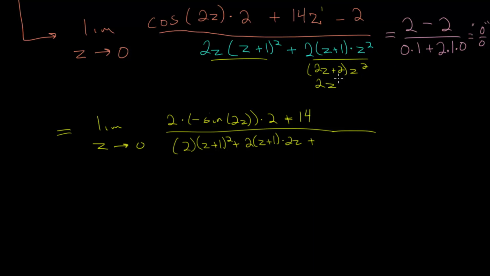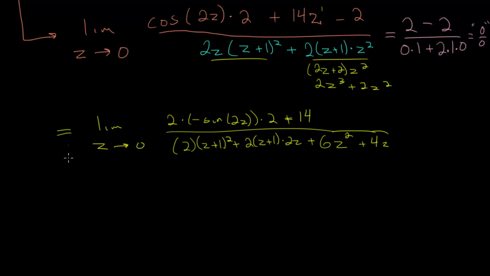So multiplied out, this is 2z cubed plus 2z squared. So now we can just use the power rule here. We bring the 3 down, we get 6z, and subtract the exponent by 1, so 6z squared. And for this term, we bring the 2 down, we get 4 multiplied by z to the first power. So this right here now is our new denominator.